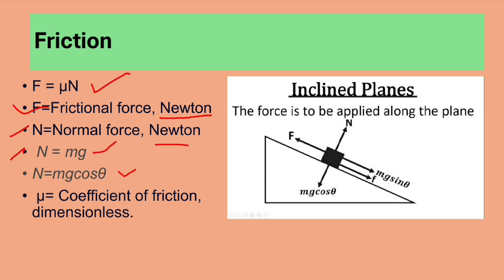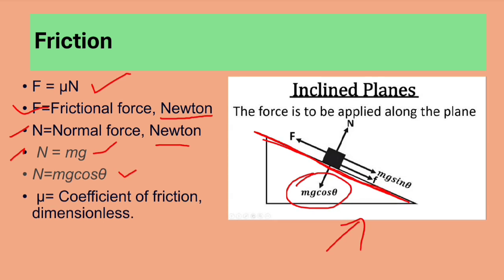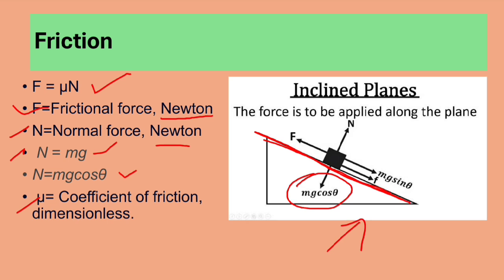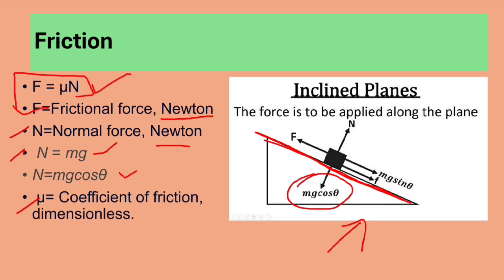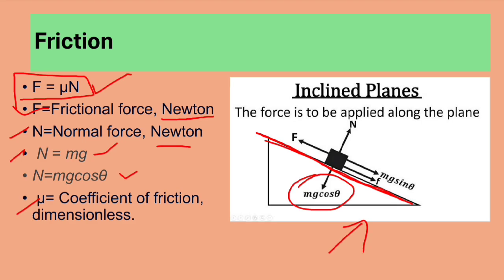If you see the figure here, the body is on an inclined surface, so its normal force is mg cos theta. Mu is the coefficient of friction, a dimensionless number. So F is the friction force, N is the normal force and mu is the coefficient of friction.